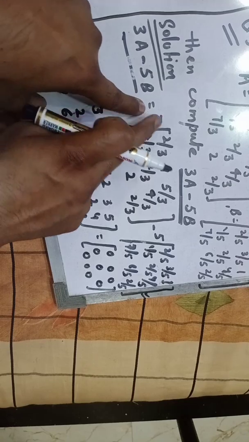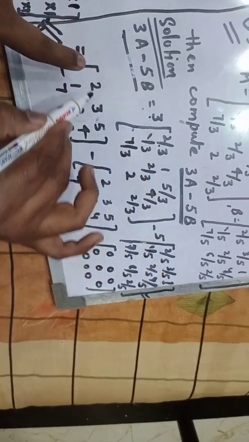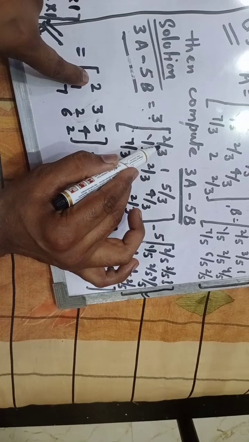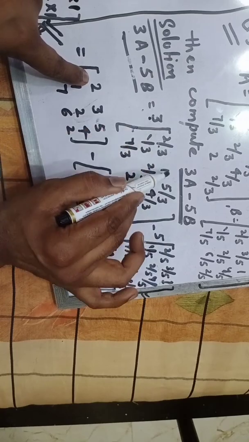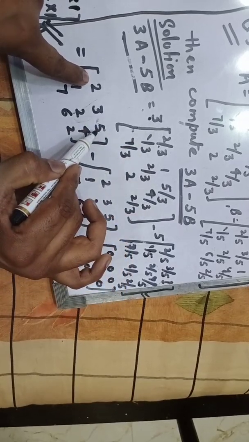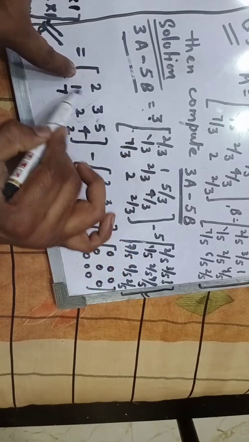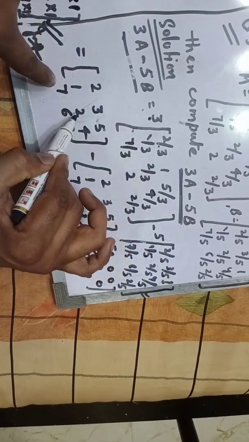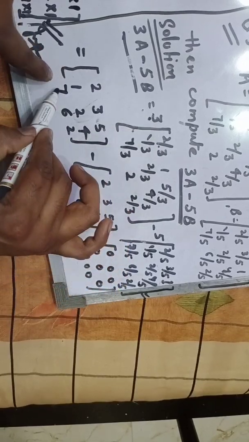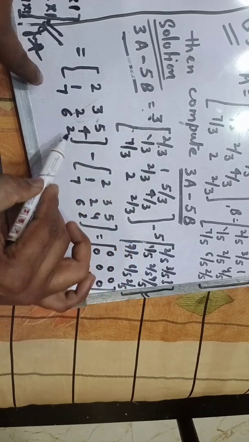So the first element will be 3 into 2 by 3; 3 and 3 will cancel out, so 2 is the final value of the first element. 3 into 1 would be 3. 3 into 5 by 3 would be 5. 3 into 1 by 3 you will get 1. 3 into 2 by 3 gives 2. 3 into 4 by 3 gives 4. 3 into 7 by 3 gives 7. 3 into 2 would be 6. 3 into 2 by 3 gives 2.